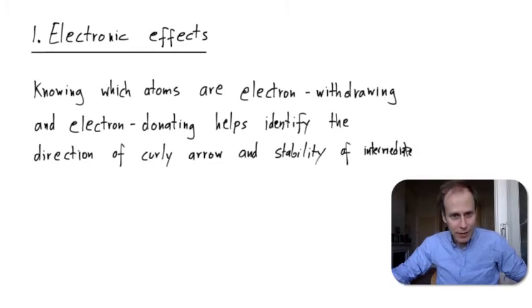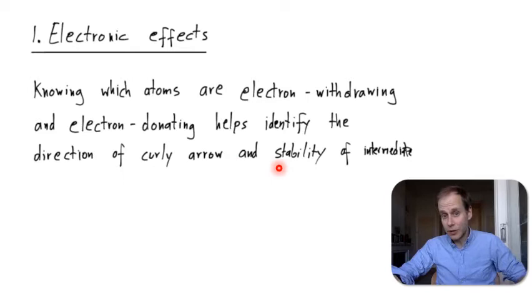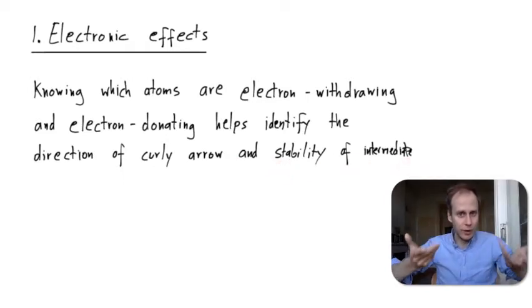If you want to write a reaction equation, then you need to decide which arrows you draw, and in which direction they go. For this, it's very useful to understand which of the atoms in the reactants are electron withdrawing and which are electron donating, so that it helps you to identify the direction of your curly arrow and also to understand the stability of your intermediates, which gives you an understanding of the equilibrium of the reaction.